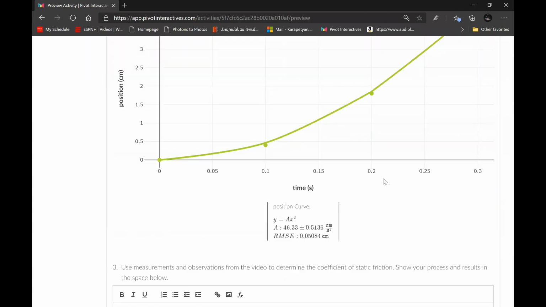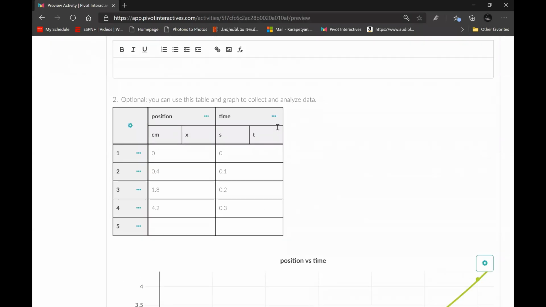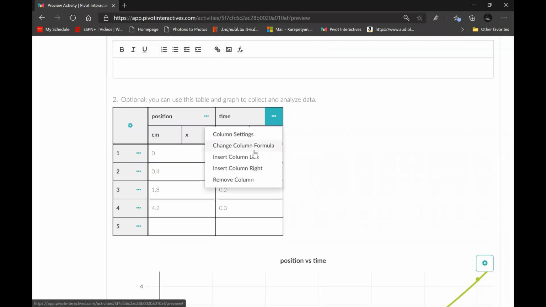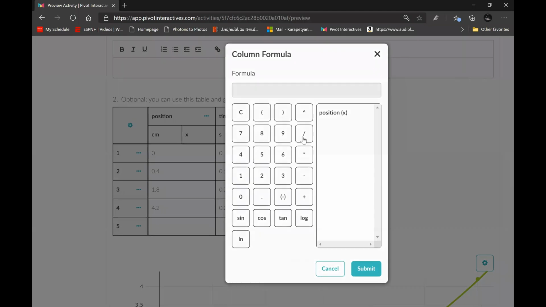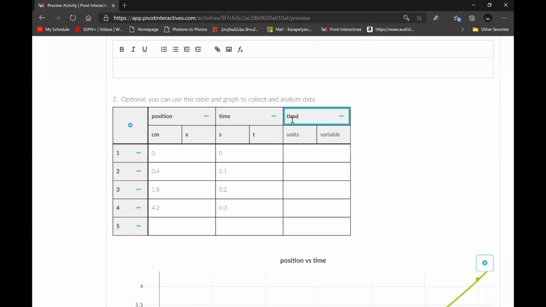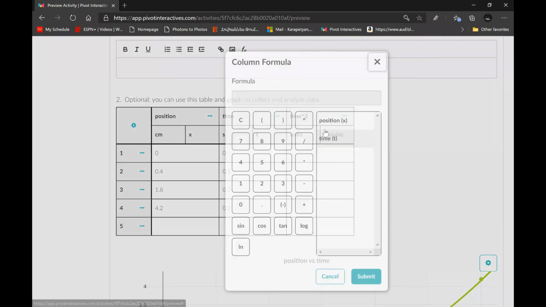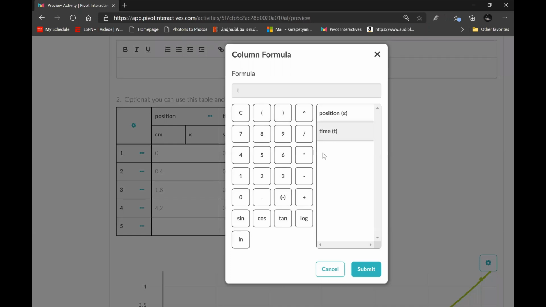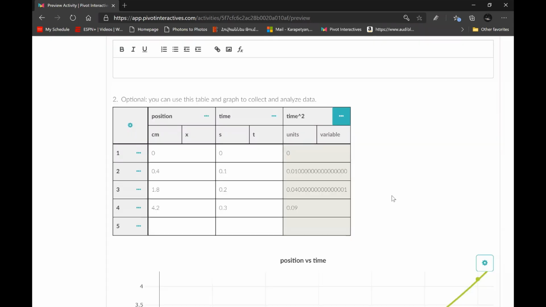Let me see if I want to do this. Maybe I want to double check if it's going to be too different. Let's say I make another column and say it's time squared, and the formula is time times time. So there you go, this is the time squared.